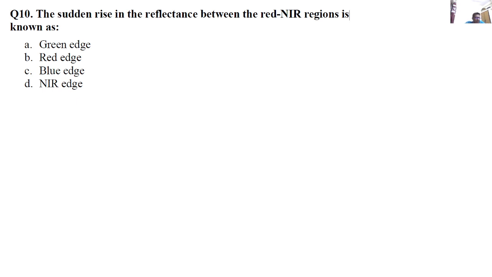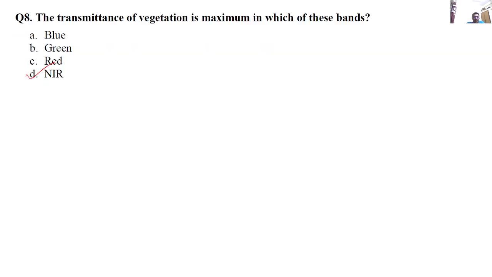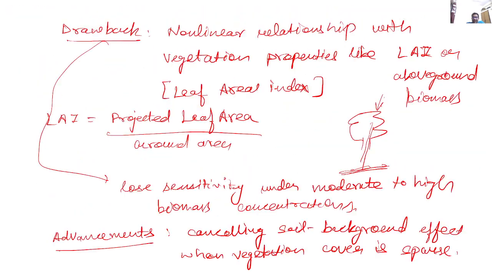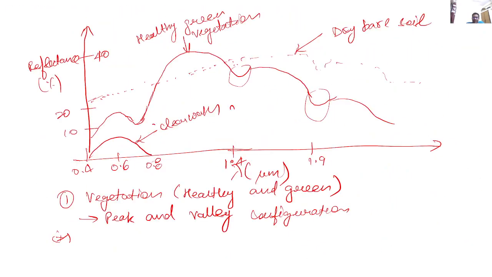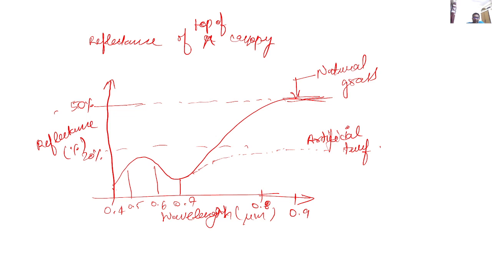And finally, the sudden rise in the reflectance between the red to NIR regions is known as A. Green edge, B. Red edge, C. Blue edge, or D. NIR edge. It is known as red edge. It's just a terminology, so nothing to explain there, but I will give a bit more detail about it in due course of time. Anyways, let's come back to the reflectance curve of vegetation.